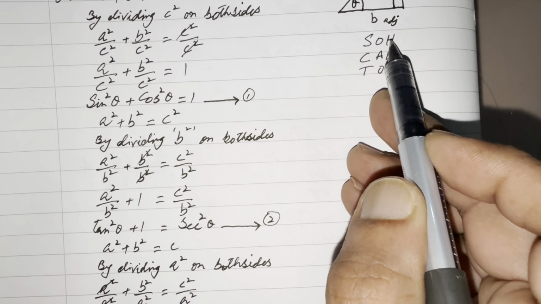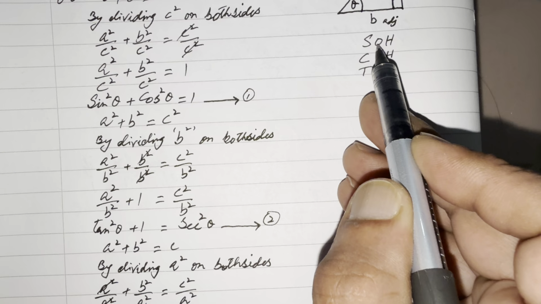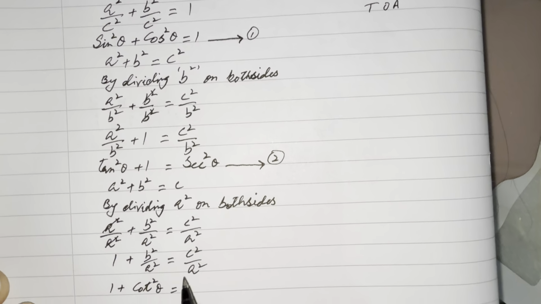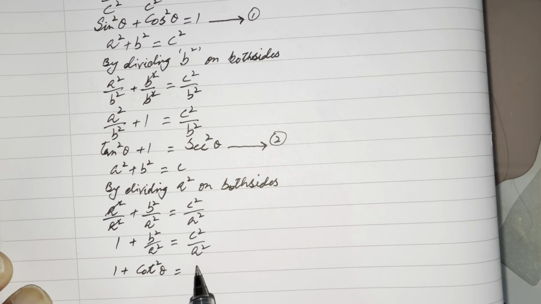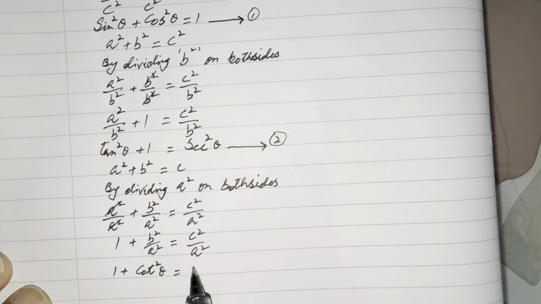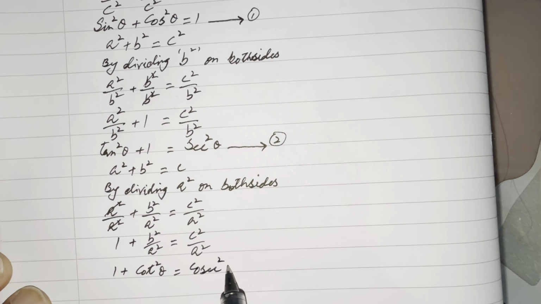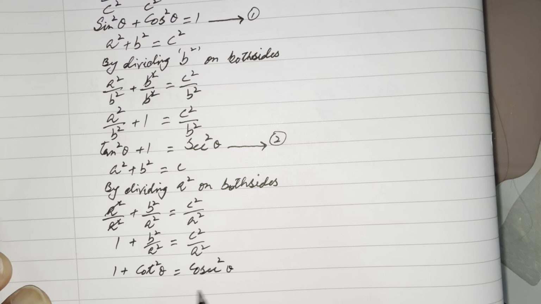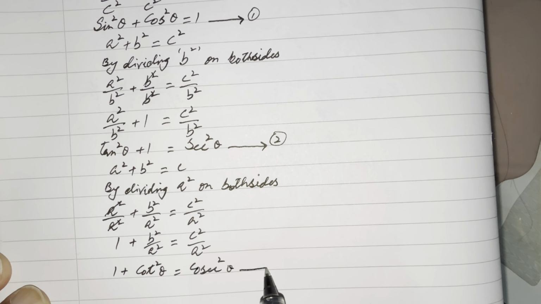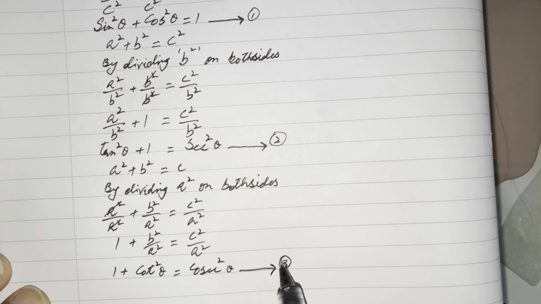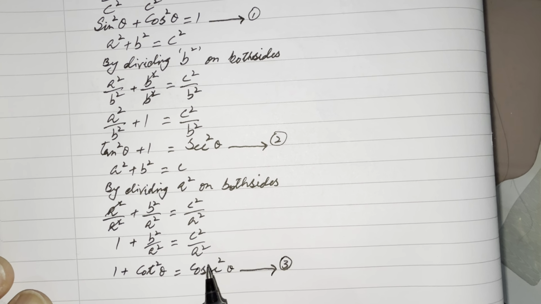So hypotenuse over opposite, c square over a square, will be equal to cosecant square theta. So that's the third identity we have found with the help of Pythagoras theorem.